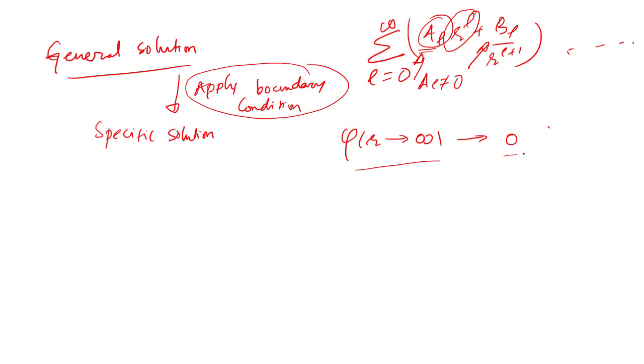So if there is a boundary condition that is specific to the problem, we apply that boundary condition here, and then accordingly set the coefficients either to 0 or find out what the coefficients are. So the specific solution, essentially applying boundary conditions, gives us what these AL and BL are specific to that problem. So this is what we have done so far, so that we got a general solution, and now we're going to see with examples how we can apply boundary conditions and get a specific solution.